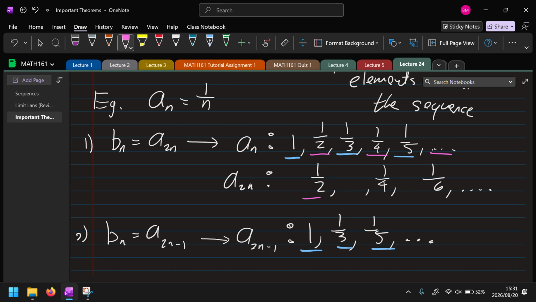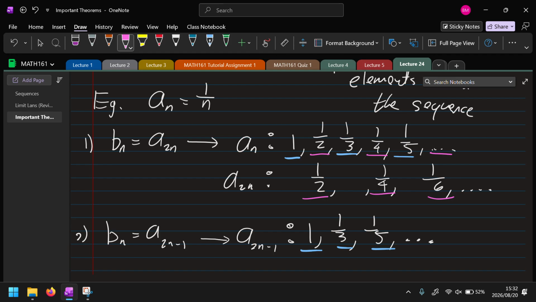Okay, and then the 2n, that picked out all of the even terms. So we had the full sequence a_n, and depending on what we put at the bottom there, the first example picked out all of the even terms. The second example picked out all of the odd terms. And you can change the function to select whatever you want. Maybe you want the first one, then the third one, then the fifth one.